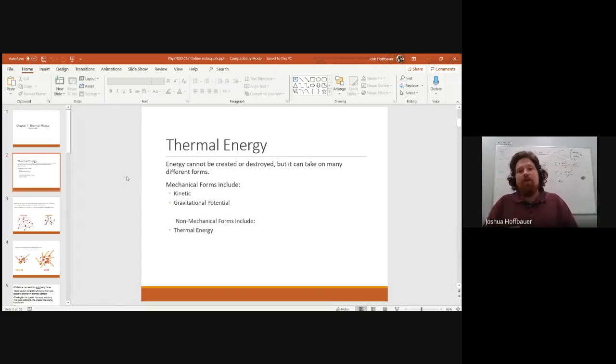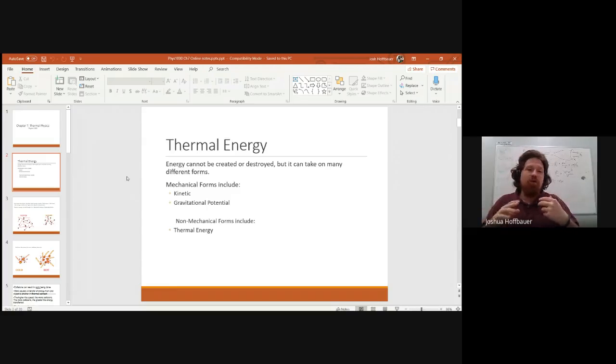Whenever you use up energy in a task, whenever you do work and use your energy to accomplish something, the energy you used in that process gets turned into a different form of energy and transferred into a different place.